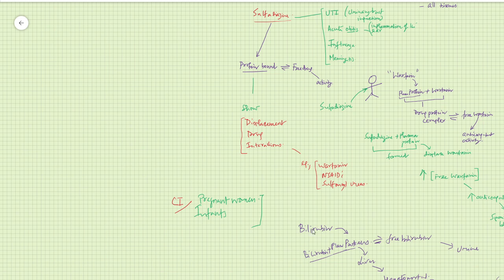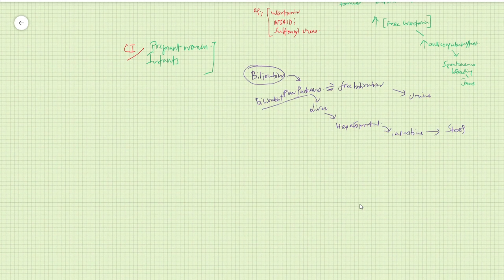Okay, so this is how normally bilirubin is removed from the body. So there are no specific transport systems for bilirubin in the body. Okay, so they use this mechanism.